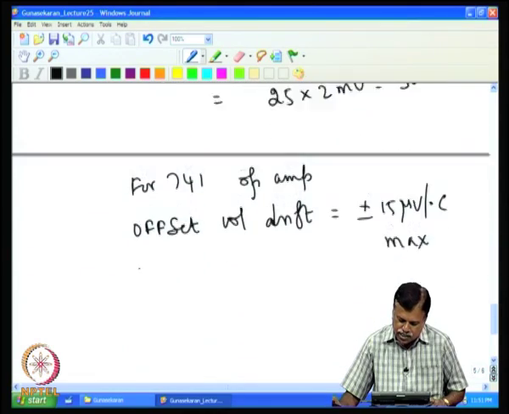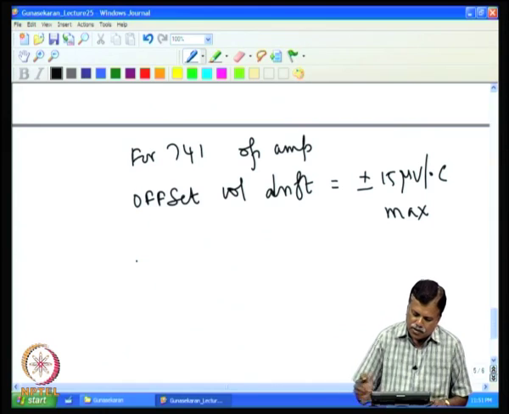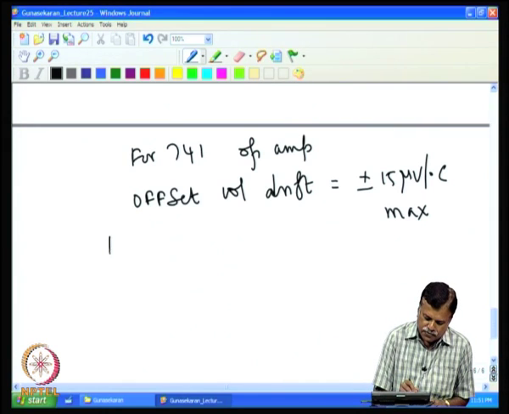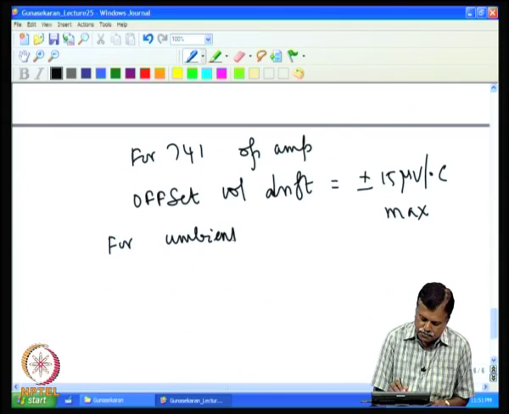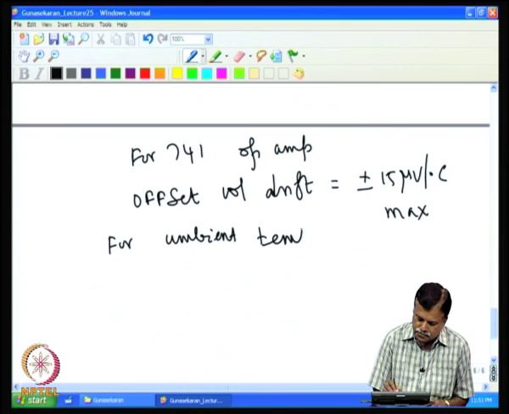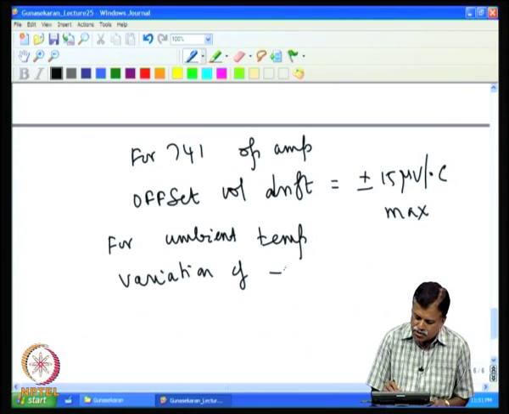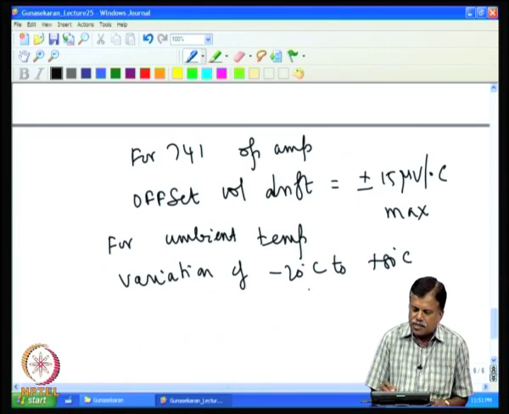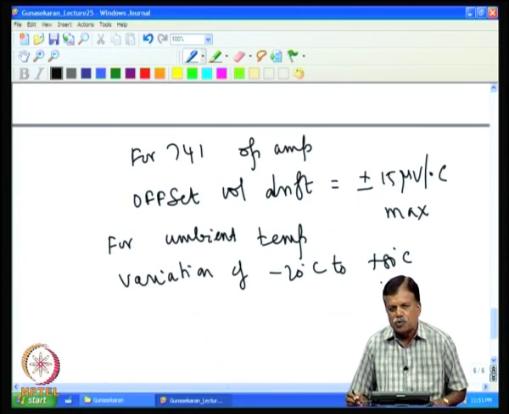So, in this case it is 15 microvolt per degree C. For ambient temperature variation of minus 20 degree to plus 80 degree C, this is the range at which industrial grade equipment is supposed to work.